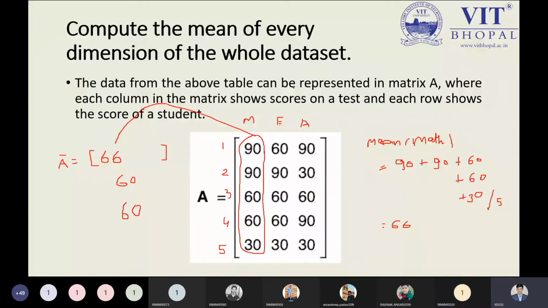Okay. The point we have to keep in mind here, please listen carefully. Before calculating the variance, you must have the mean.